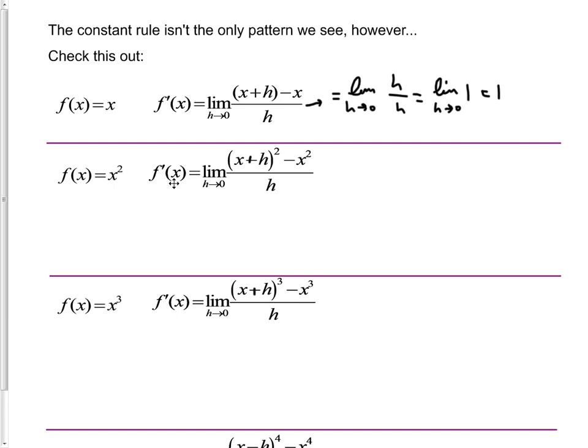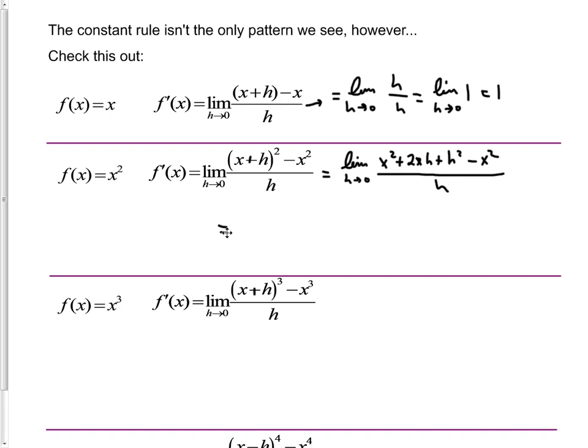Well, let's take the limit as h approaches 0 of x plus h squared minus x squared over h, the derivative of x squared. And we practiced a few like this one. When we expanded our expression, we would be taking the limit as h approached 0 of x squared plus 2 times x times h plus h squared minus x squared, divided by h.